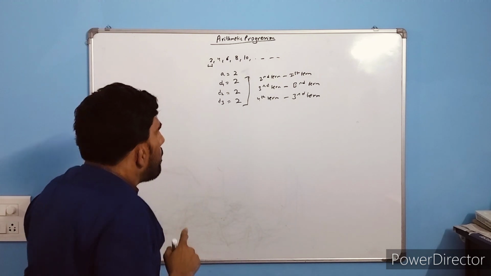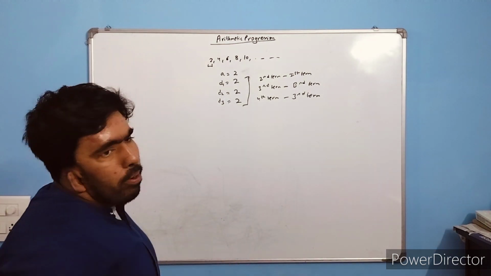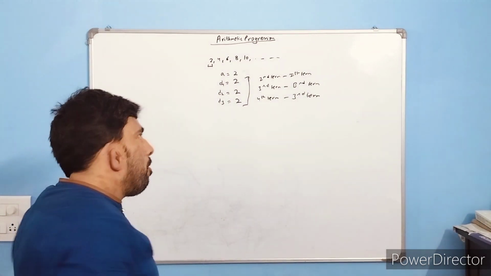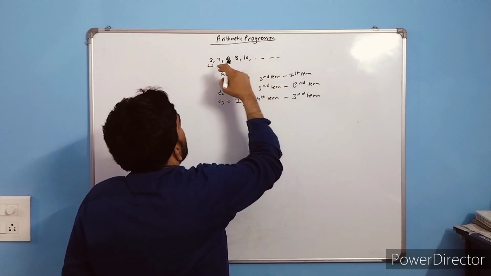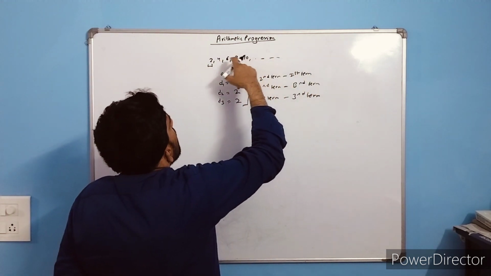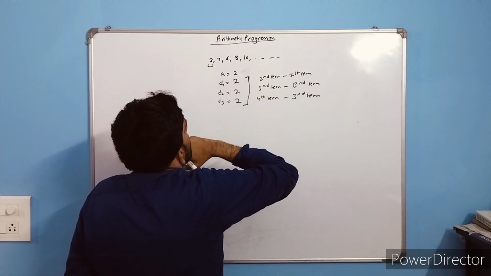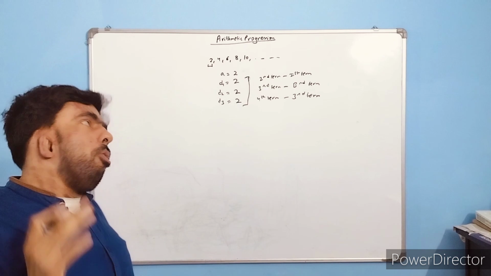And if it is the same, then we can say that this sequence is in AP. This is a sequence and it can go up to infinity. So we can easily now examine and find whether this sequence is in AP or not.